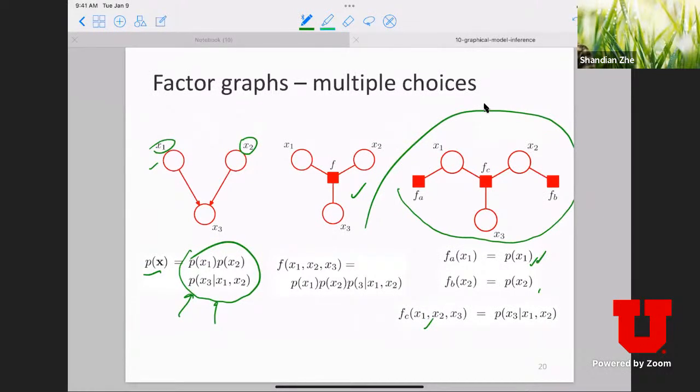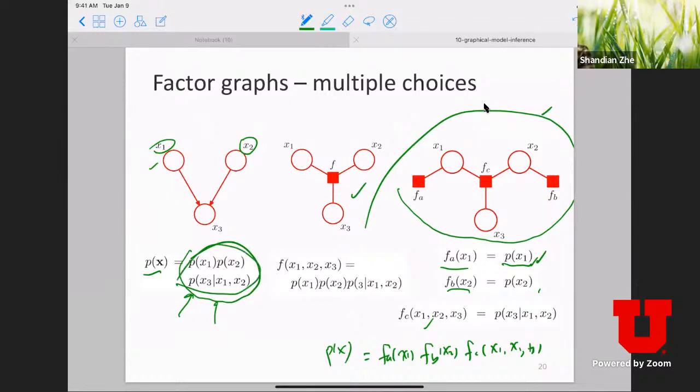I have that because I define the probability of x1 as the first factor fa and the probability of x2 as the second factor fb. So my joint probability, according to the factor graph, is always the product of all the factors in the graph. If you multiply them together, you still recover the original probability.